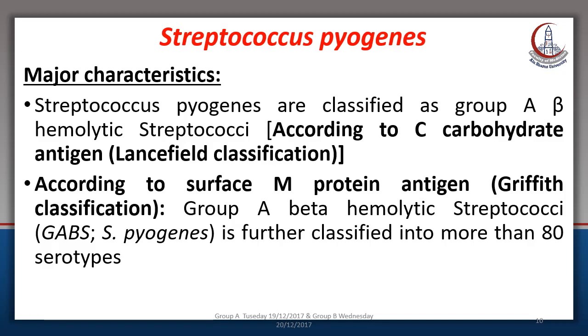And according to the surface M protein antigen, which is the Griffith classification, group A beta hemolytic streptococci, Streptococcus pyogenes, can be further classified into more than 80 serotypes.